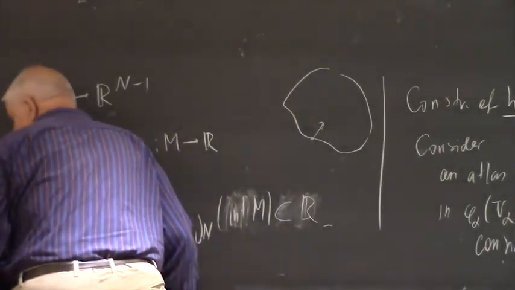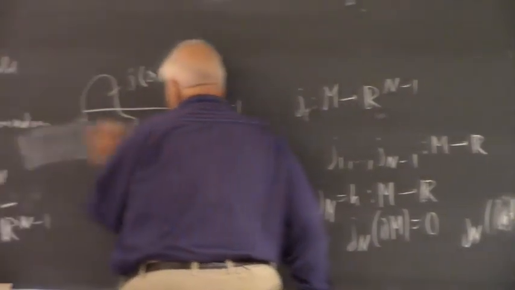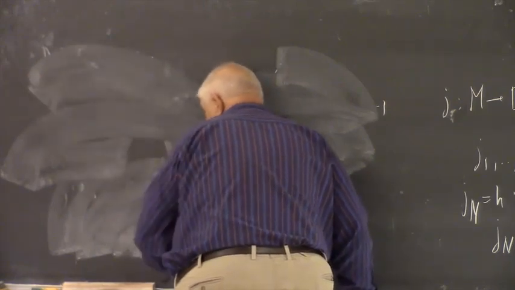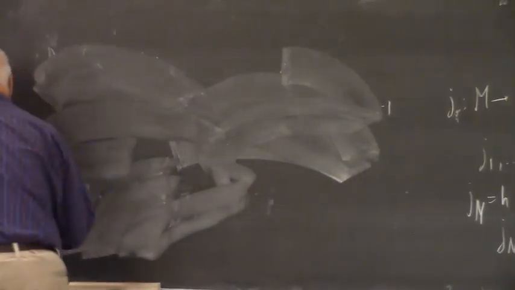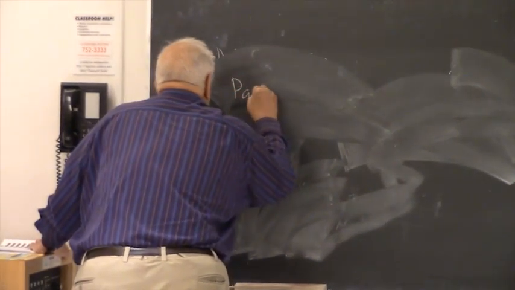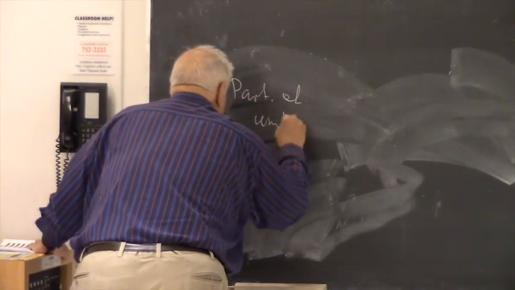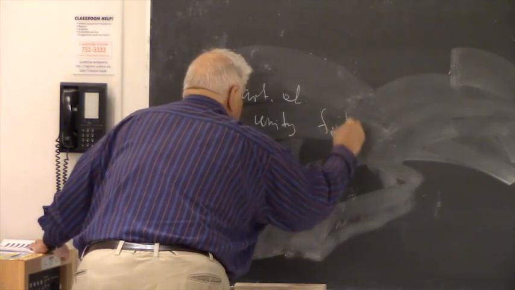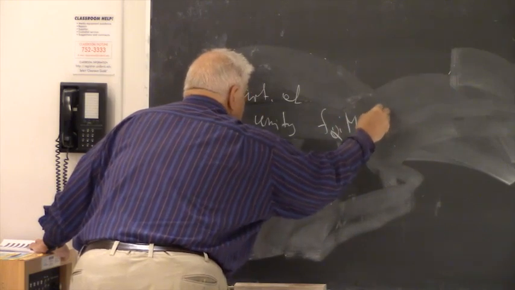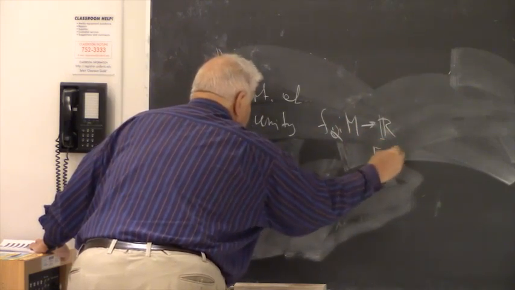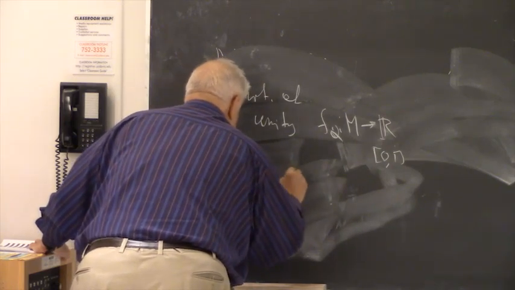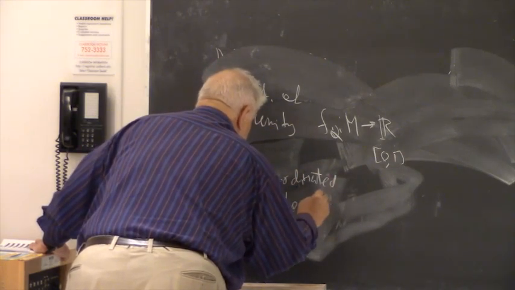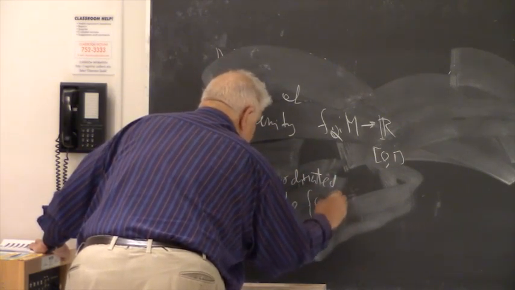After that, we take a partition of unity, f_α: M into [0, 1], subordinated to the covering φ_α of U_α.